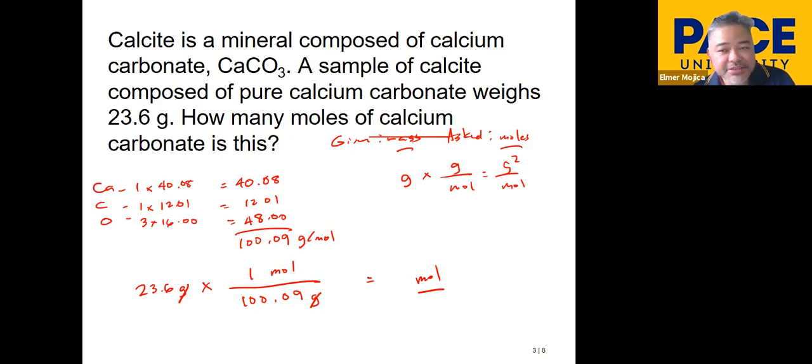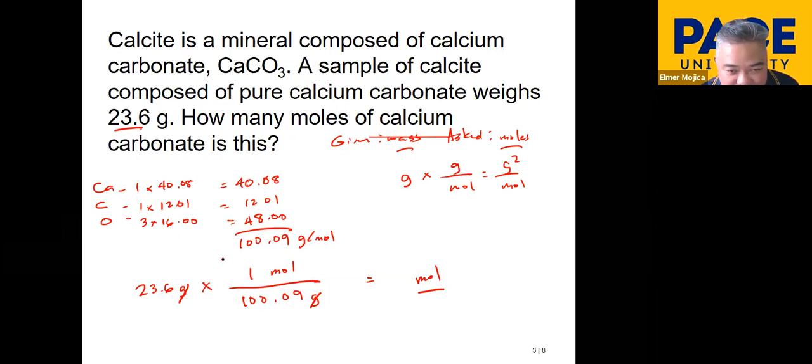This is the message that I'm trying to send you as early as chapter 1: if you arrange the units from the given units to the units that you're looking for, you will have no problem in calculation. Another thing you need to know is that whatever the given number is, in terms of significant figures, usually that's the number of significant figures.